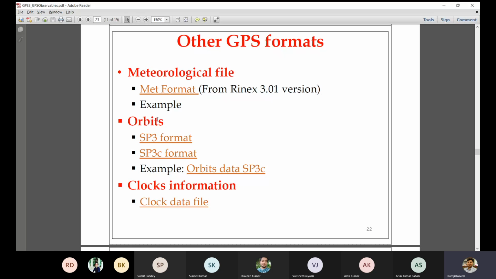Similar to that, this SP3 format contains directly the XYZ of the satellites in ECEF format. Please remember, ECEF is the Earth-Centered Earth-Fixed format, the frame or reference system in which you are calculating your own position.